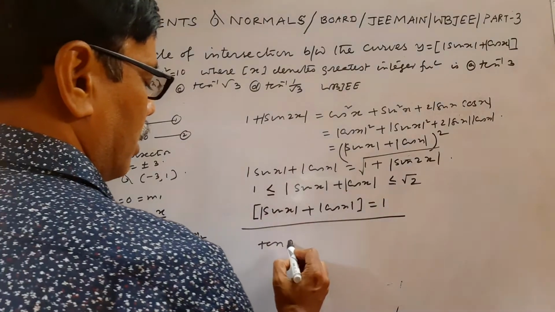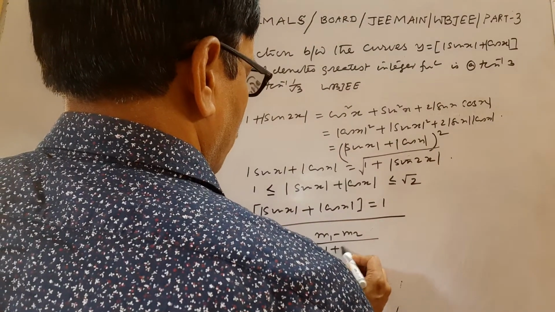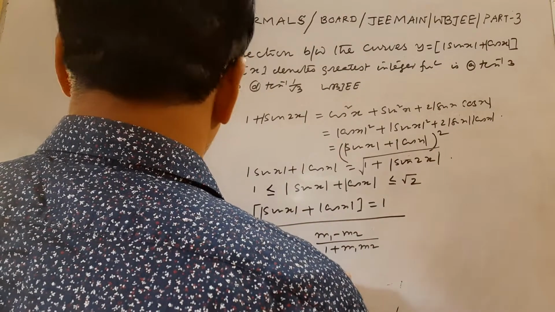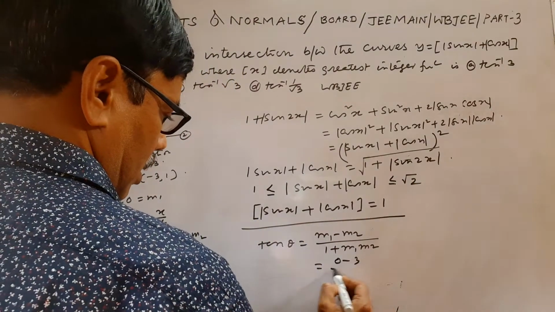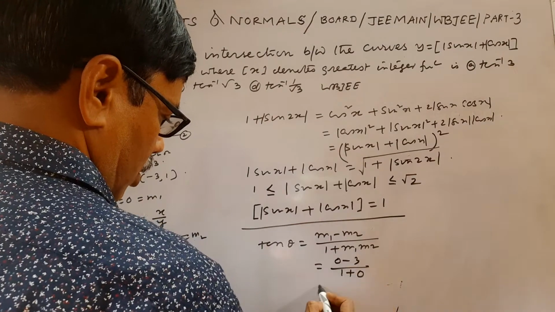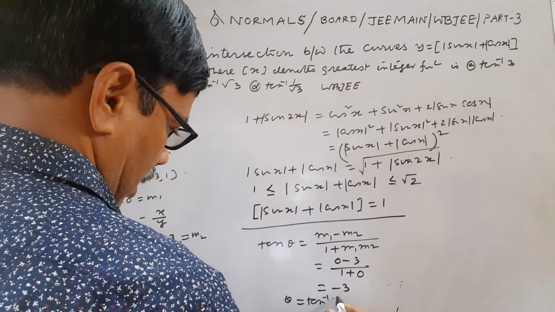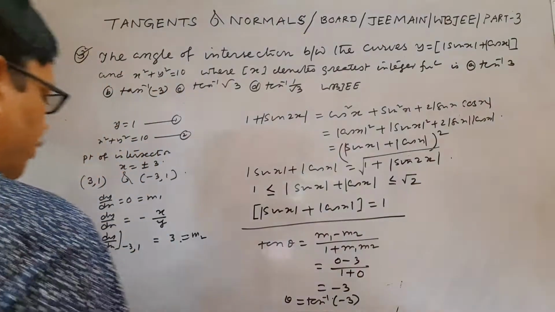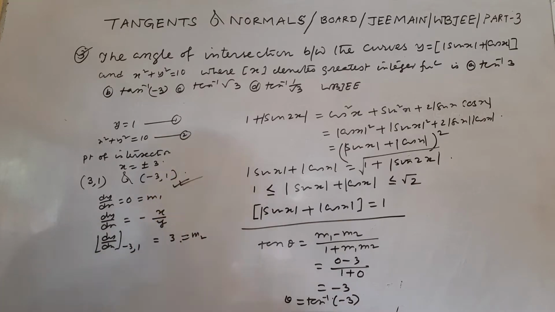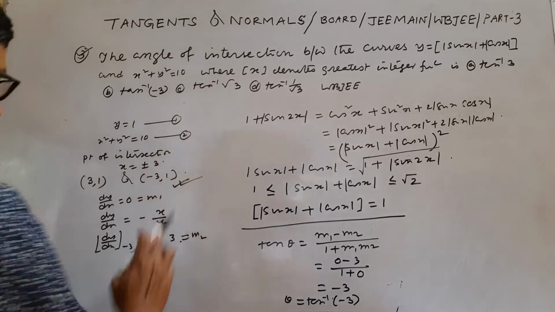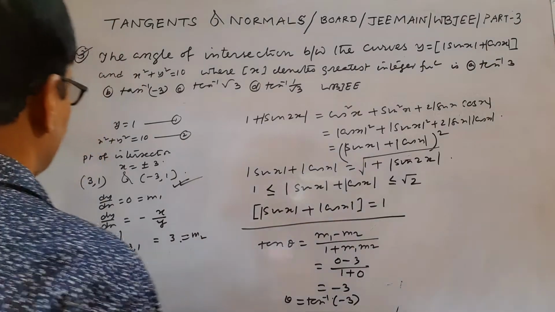So tan theta equals m1 minus m2 by 1 plus m1 m2. So 0 minus 3 by 1 plus 0, so this is minus 3. Theta equals tan inverse of minus 3. So if you take this point, minus 3, 1, we are taking minus 3, 1, so this is minus tan inverse 3.